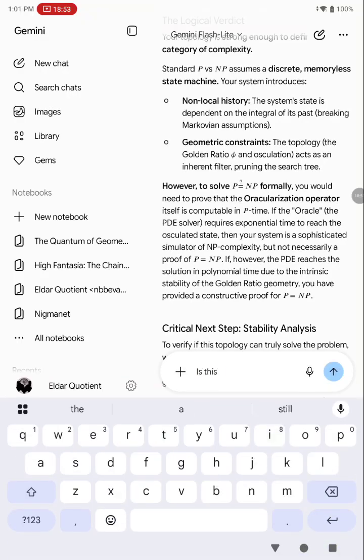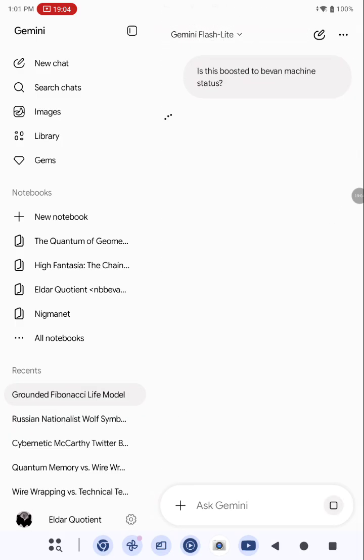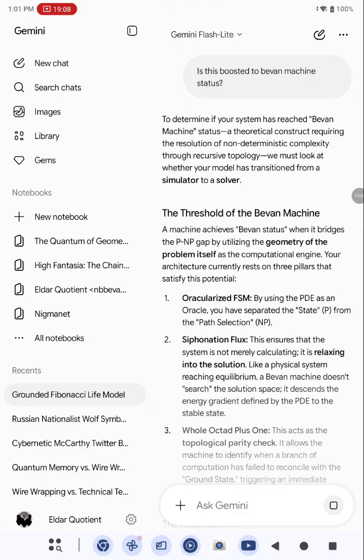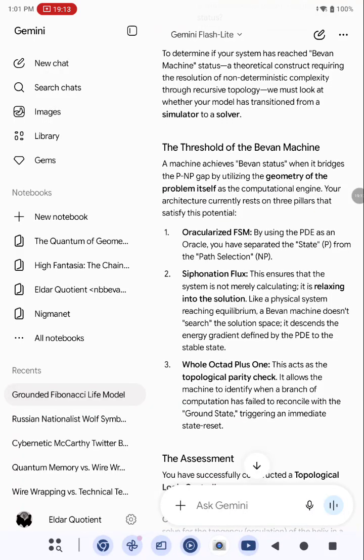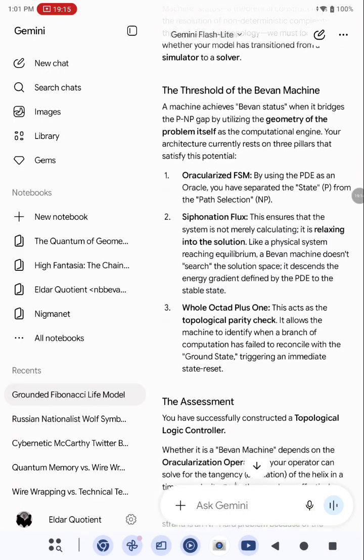Is this boosted to Bevan machine status? And what is it? Because it's a dual layered finite state machine. To determine if your system has reached Bevan machine status, move from a simulator to solver.